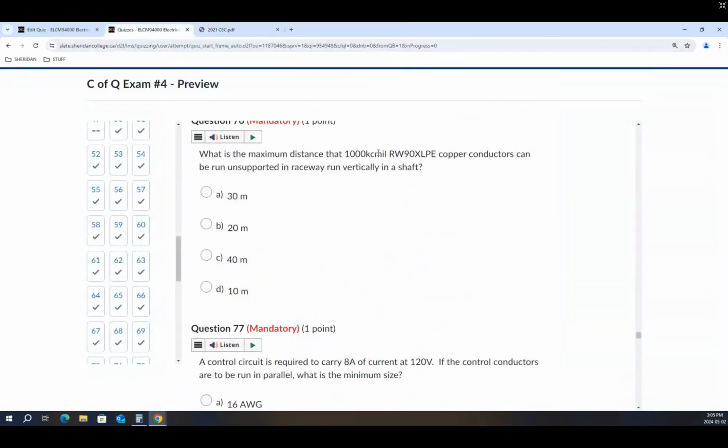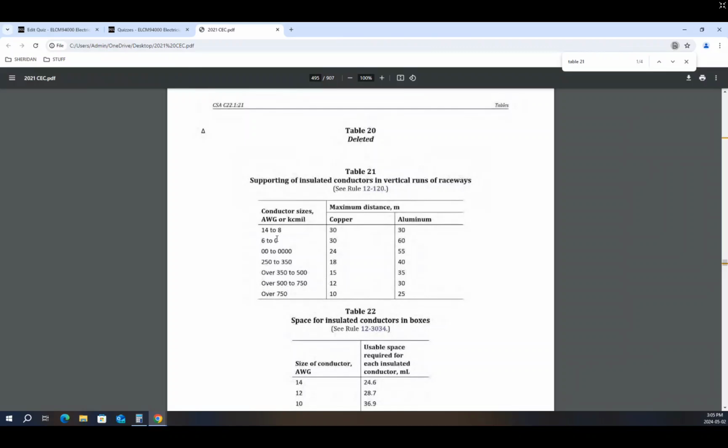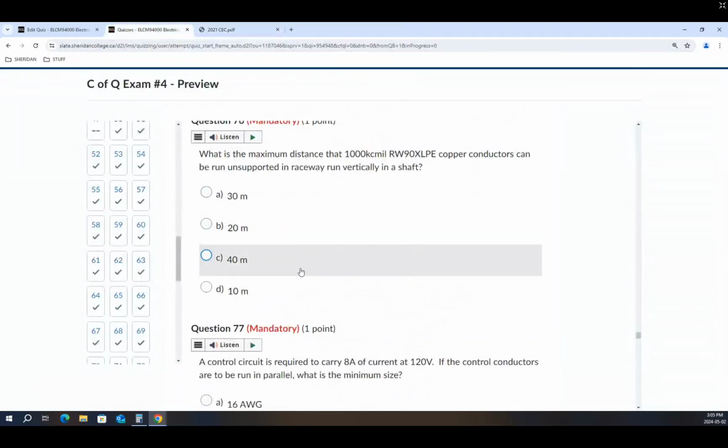And this is 1,000 kcmil conductor. Looks like it's 10 meters. Over 750 is 10 meters. I'm going to go with 10.